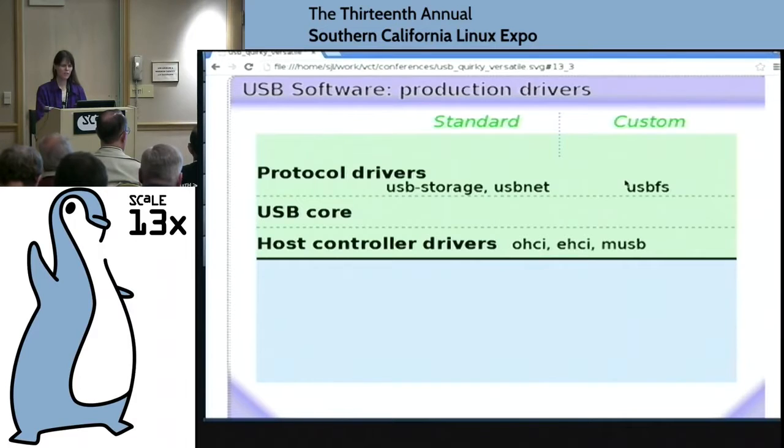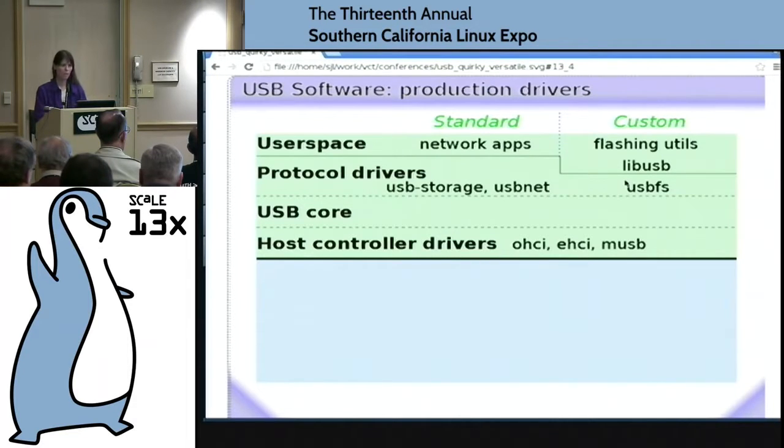It used to be a file system that you would mount called USBFS. In modern times, it tends to be through device files, but still, it gives you the low-level access you need to do basically anything you want that is possible with USB. Finally, on top of that, you have your user space.